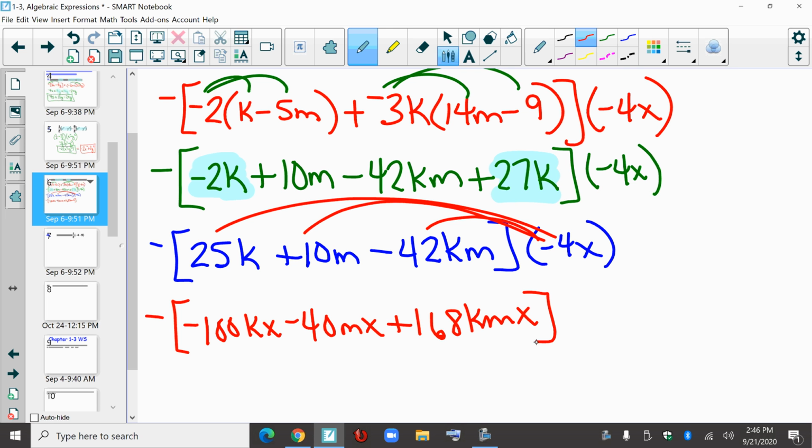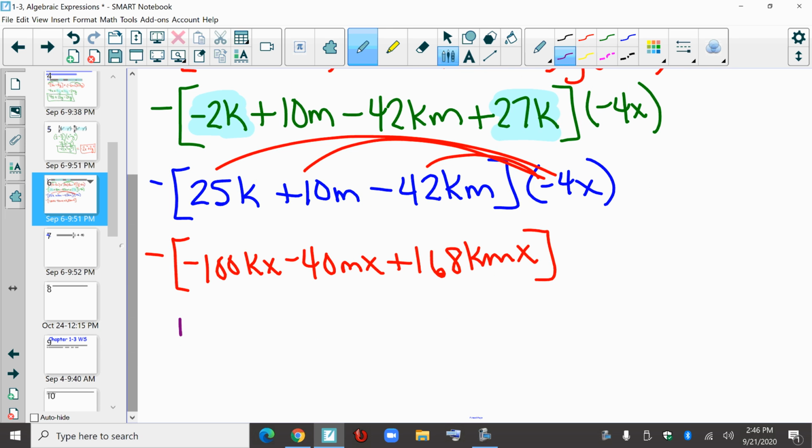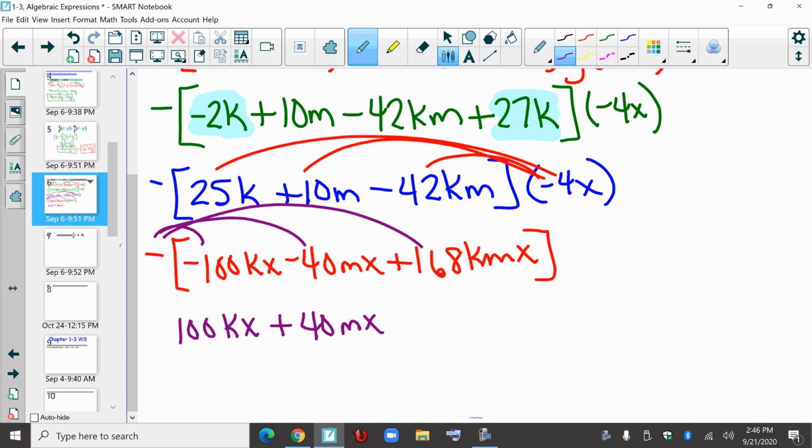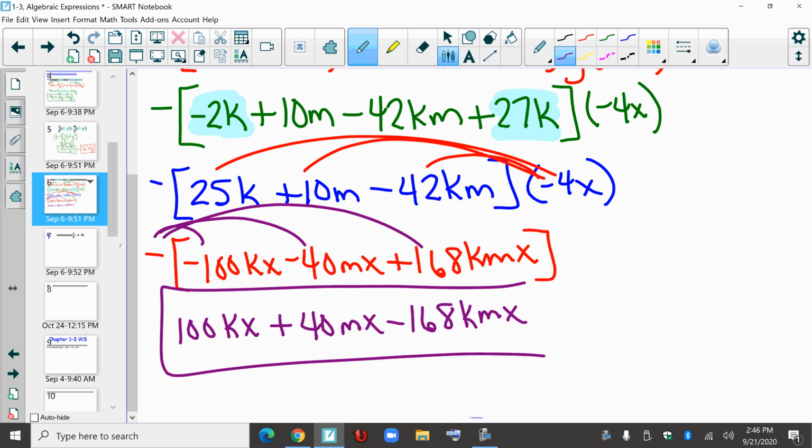And then the last thing I'm going to do is distribute, and this gives us 100kx plus 40mx minus 168kmx. And that is done.